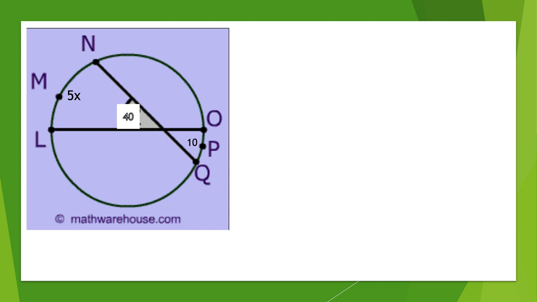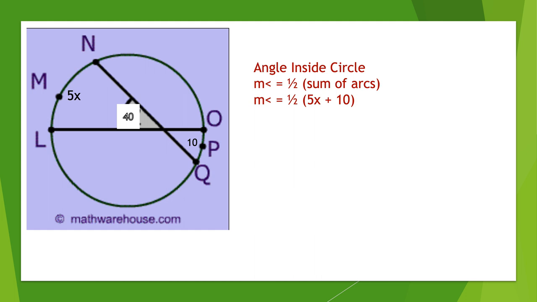So the measure of the angle, because it's inside the circle, will be 1/2 the sum of the arcs. So let's just write that out. Angle's inside the circle, so the measure of the angle is half the sum of the arcs. So the measure of the angle is half of 5x plus 10, because the arc on the one side with the 40 is 5x. Then there's the vertical angle. Arc on the back side is 10.